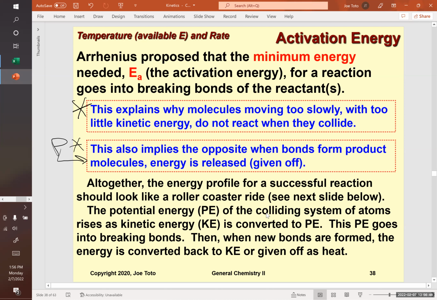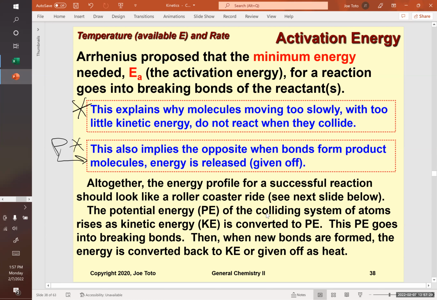Okay, so Arrhenius coins this phrase, the activation energy. And he says this is the minimum energy needed to break the bonds during a reaction. After realizing this, he wants to get a picture of how this would look for a reaction.